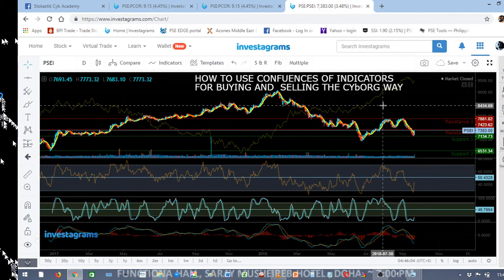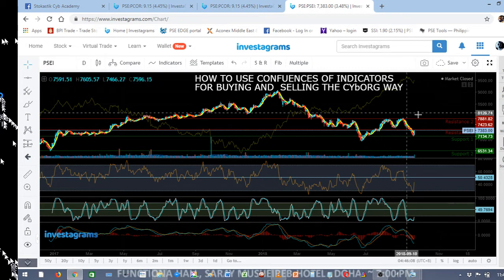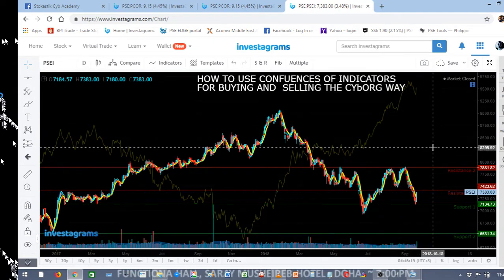So again, let's identify also the support and resistance level in our main chart using the Investogram.